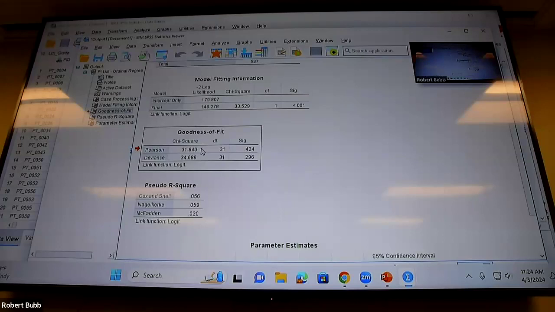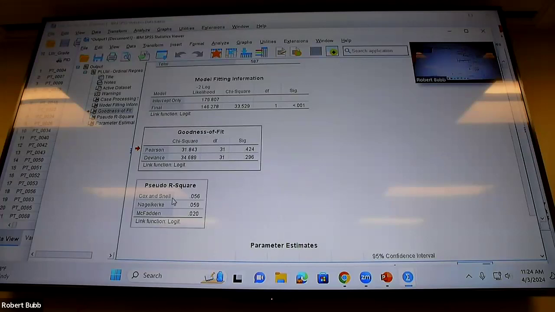In this case, we see that we have non-significant values of 0.424 and 0.296. So what would you say here? Correct. The null hypothesis here is that there's no difference between what is predicted versus what is observed. So we do not want this to be significant, and that appears to be the case here. So that looks good.